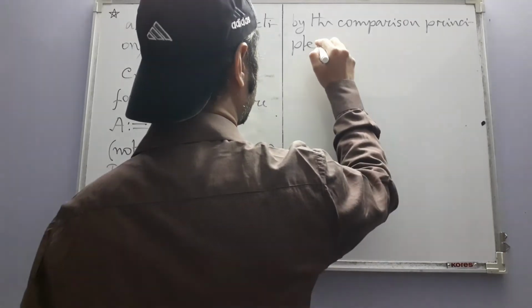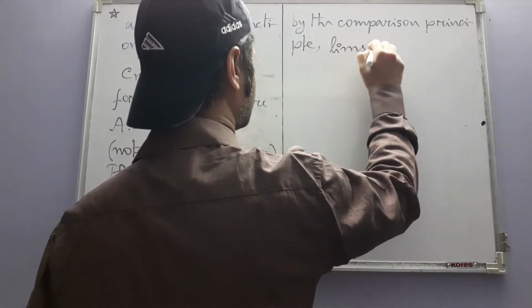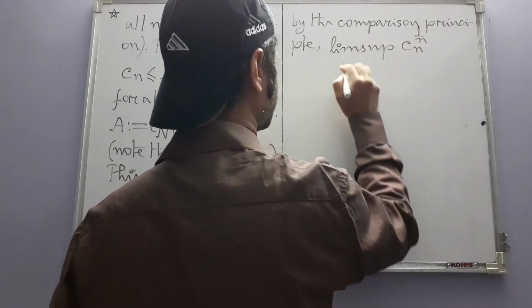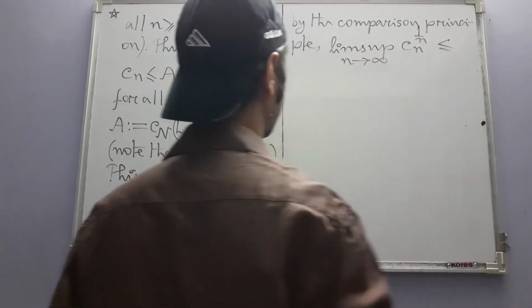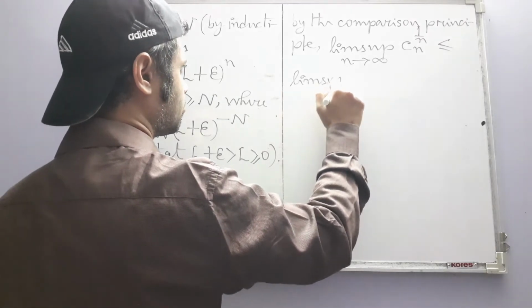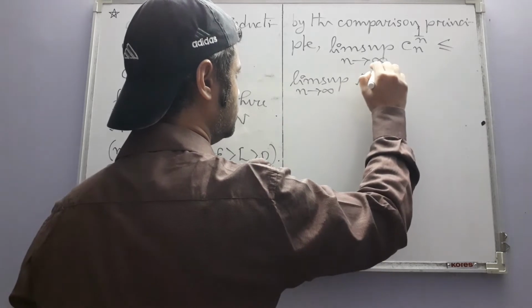The comparison principle, we have what? Limit superior of the nth term of Cn is less than or equal to the limit superior of these.